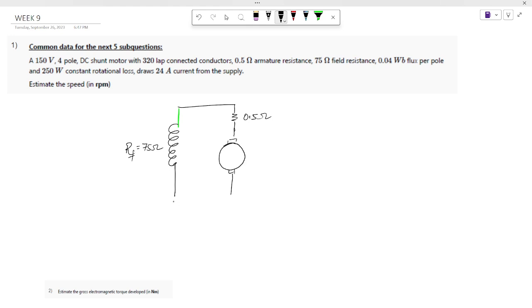This is the motor. Supply voltage is Vs, this is EB, the voltage across this. Supply current they have given as IS equals 24 amps.